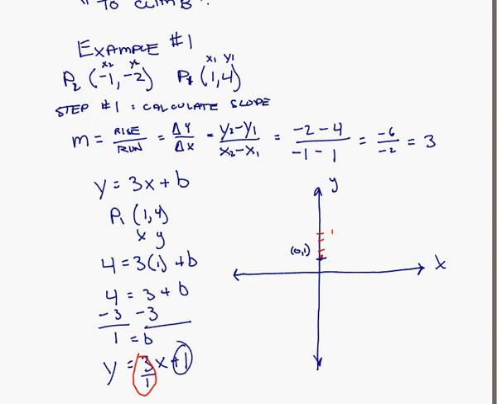So with that information then, I'm going to draw a line going through those 2 points. And there is the line that represents the equation y is equal to 3x plus 1.